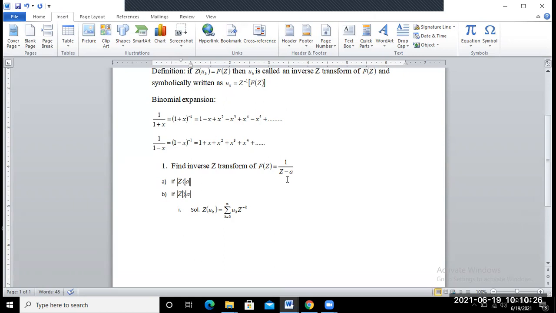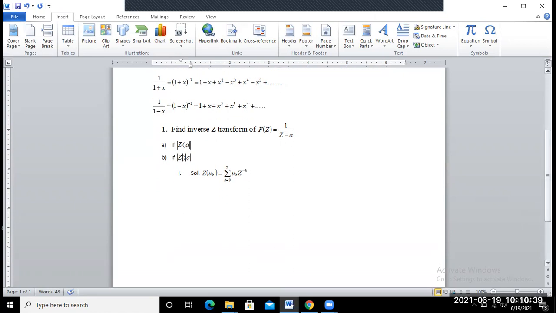Here, if you put the value of k equal to 0, k equal to 1, k equal to 2, k equal to 3, k equal to 4, and so on up to k, we get uk z to the power minus k, and similarly go on to infinity.